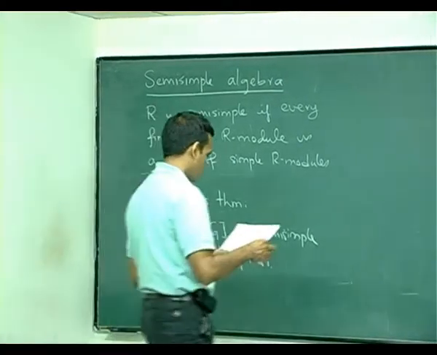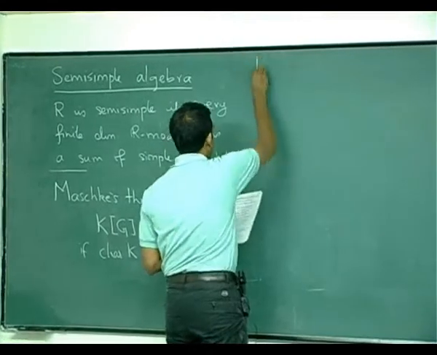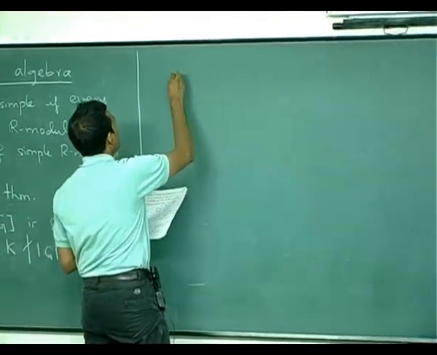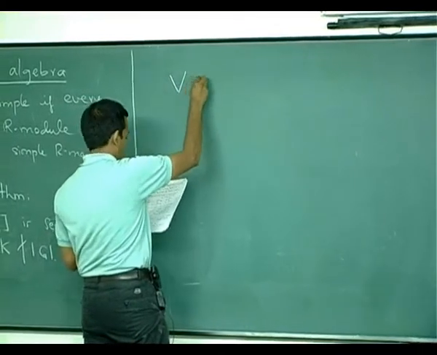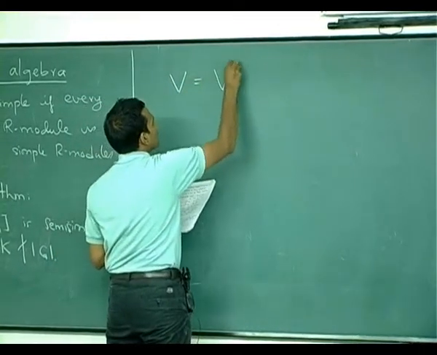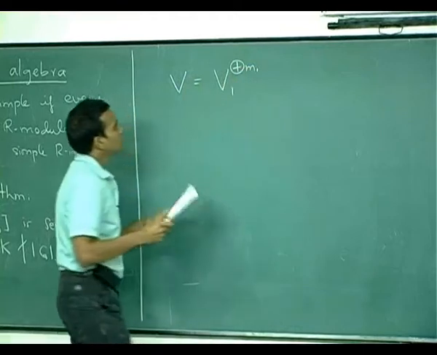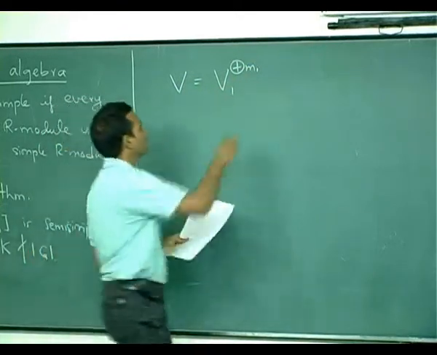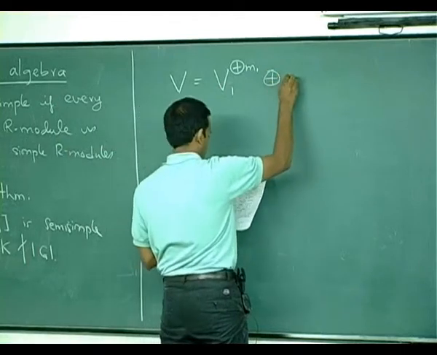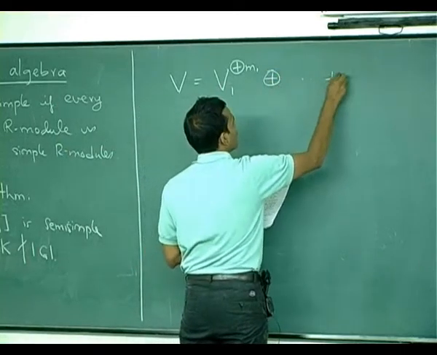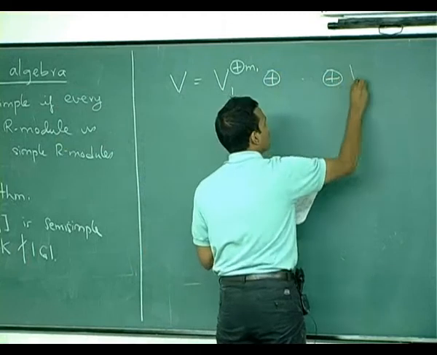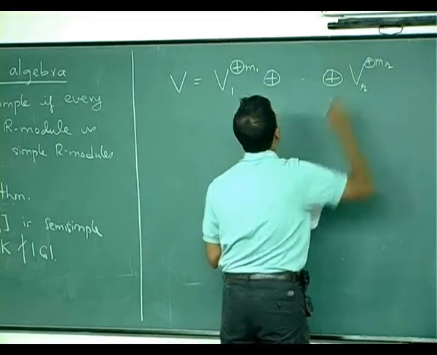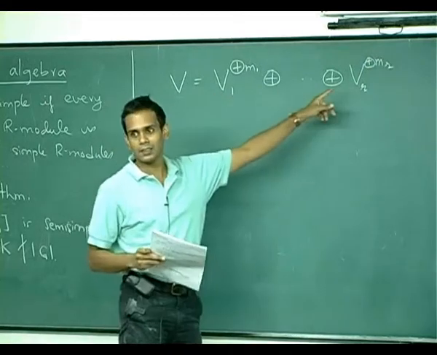So let's just suppose I have two R modules, V which is V1 direct sum, V1 taken M1 times, up to VR direct sum MR times, where the V1 up to VR are simples.